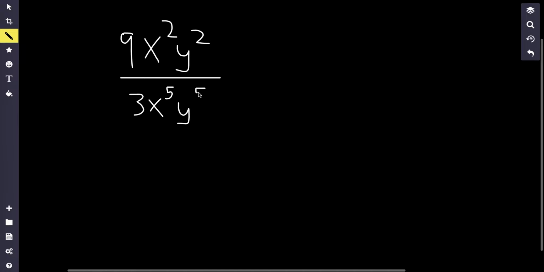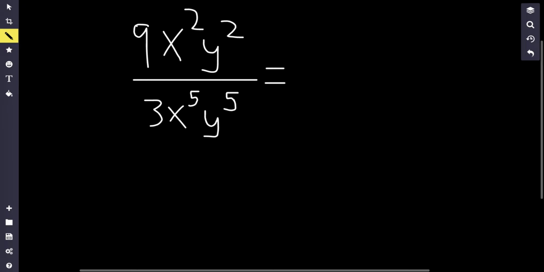Let's say that we have 9x squared y times y squared divided by 3x to the 5th y to the 5th. What is this going to be? What does this expression simplify out to?